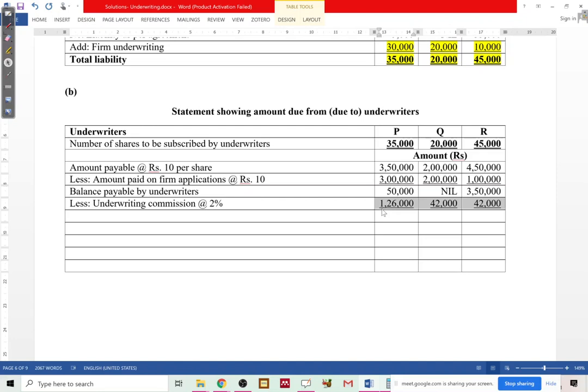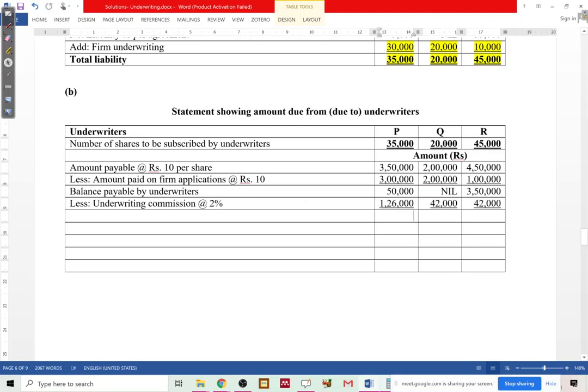We need to write it off, right? We say setting off the expenses between each other. So if I am supposed to pay you 10,000, but you are supposed to pay me 15,000, then we can strike off the 10,000 between us, isn't it? And you can pay me the remaining 5,000. That means I don't owe you anything anymore, but you have to pay me remaining 5,000. Is that clear? So this is like striking off.